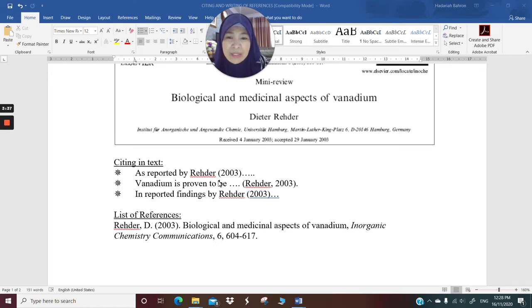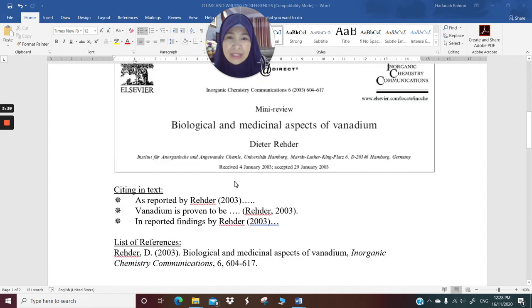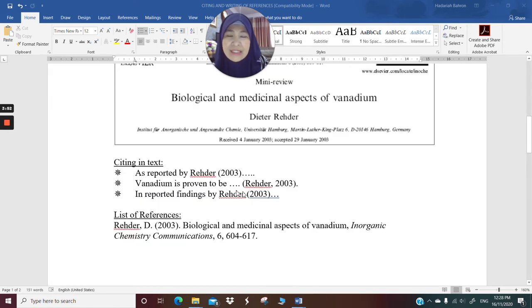And remember, we only use the surname in our citation. You do not need to put the first name, you just put the surname and the year in bracket. This is one way. The second way of citing for single author is, for example, you tell the information first. For example, vanadium is proven to be an important compound or something like that.